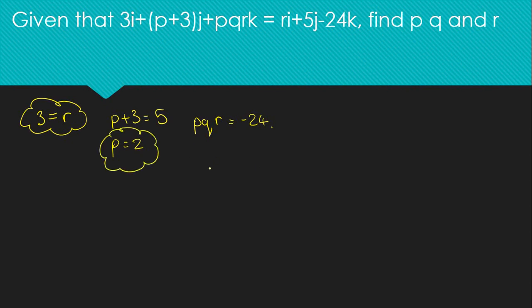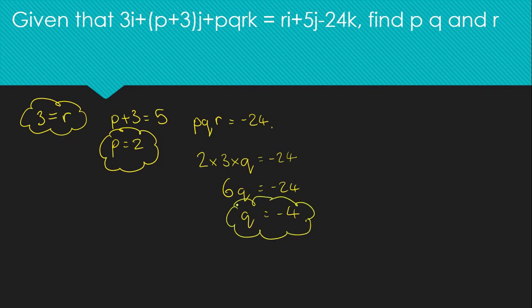And if r equals 3 and p equals 2, then we need to find out q, which is going to be 2 times 3 times q equals negative 24, which is 6q equals negative 24, which means that q is equal to negative 4. Okay, there are p, q and r. Now that is really easy, looks difficult, but it's very simple, and extremely important.